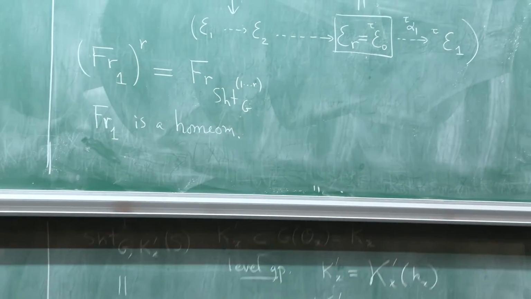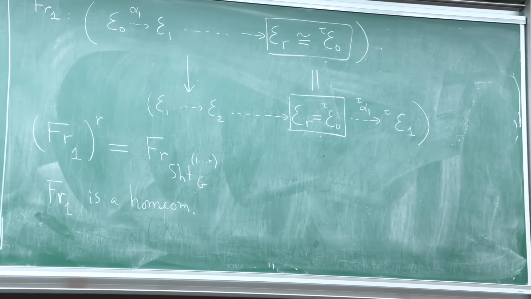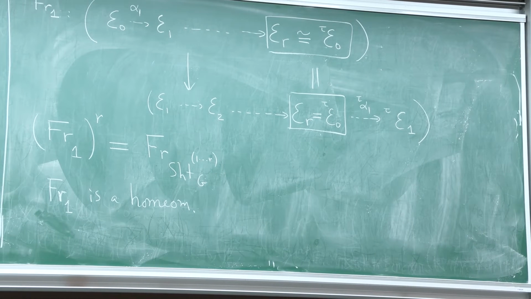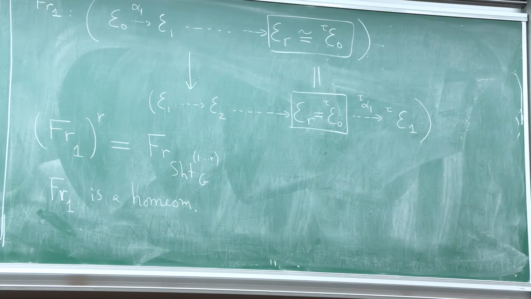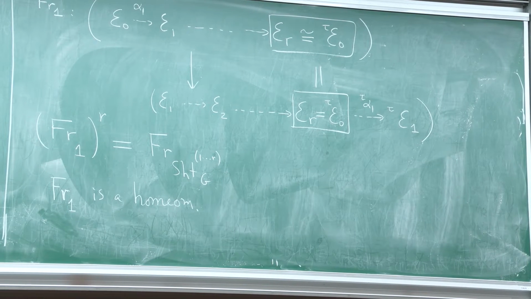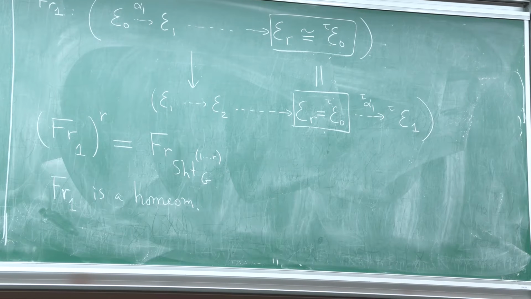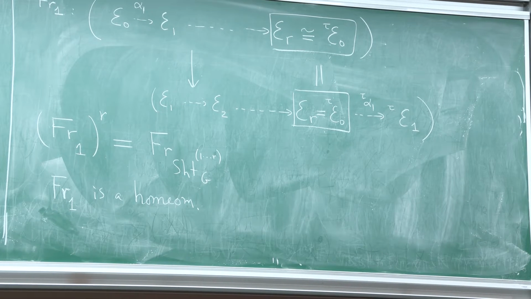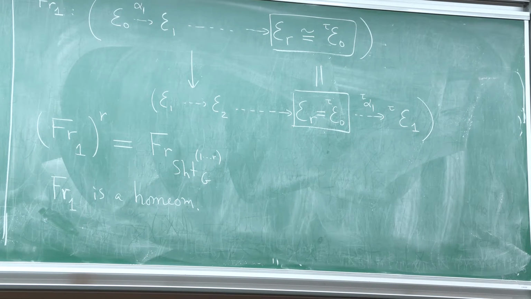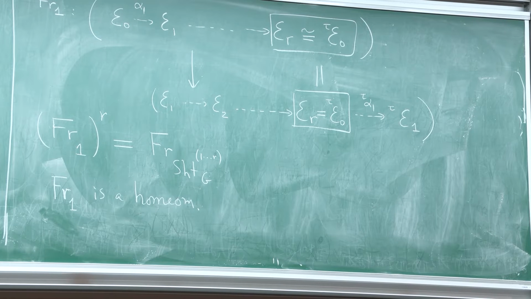So I have talked about all the constructions on the level of spaces. Now I want to add some sheaves to the space. So we are interested in the cohomology of moduli of Shtukas.